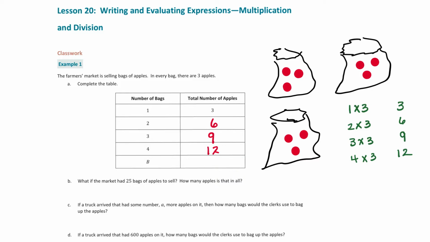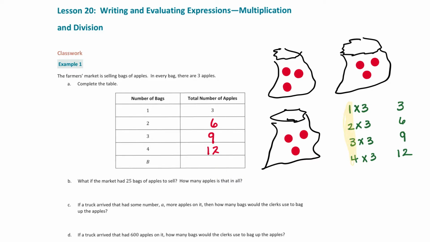Now we have talked about, what if I didn't give you a number of bags? How can you find the number of apples if you had 100 bags or 200 bags? You don't want to do a table, right? We had discussed that before because it can take you a long time and it might be a lot of work. So here is where you use your expression. We're going to review very quickly what we said yesterday: a variable means that something changes, right?